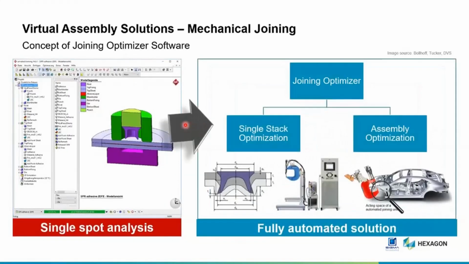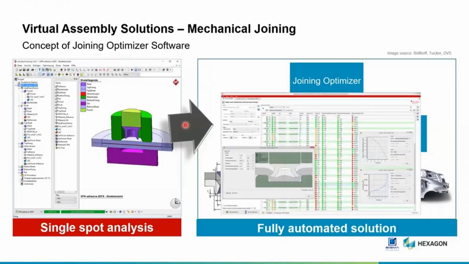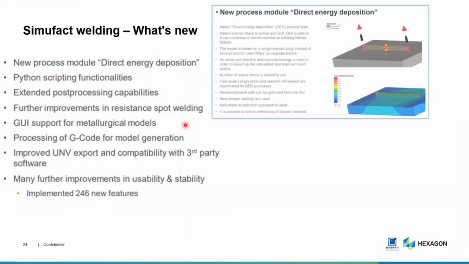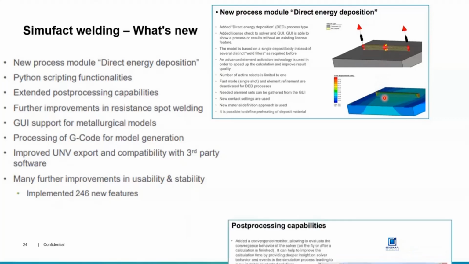So this is the optimizer. Now we have a welding optimizer, which can be used for any existing welding process. So what is new in welding? Now we have an improved DED, direct energy deposition technique, where you can see the current weld path, in which direction it is welding, and the effect of the current weld path on the rest of the component.